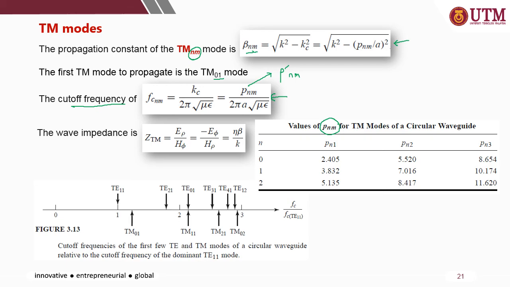The wave impedance for TM modes is given by ZTM equal to the following equation. The figure down here shows the cutoff frequency of TE and TM modes relative to the cutoff frequency of the dominant TE11 mode.